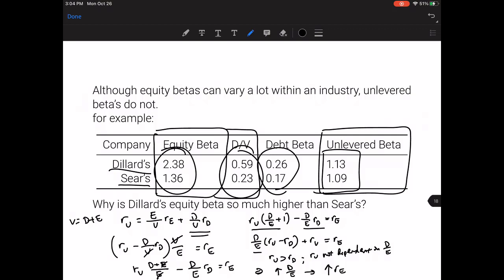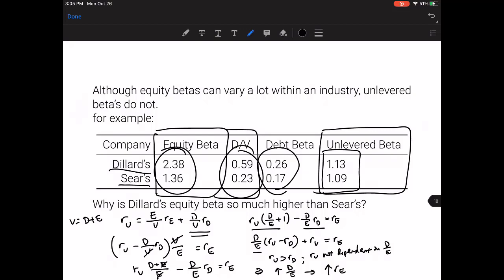So in fact, what I just showed you is actually a proposition in the Modigliani-Miller theorem. So that's something you should check in the textbook. This is the fundamental theorem in corporate finance, but I'm just showing it to you here because I thought it would be an interesting segue to explain why comparing equity betas across firms within the same industry is going to give you wide variation.